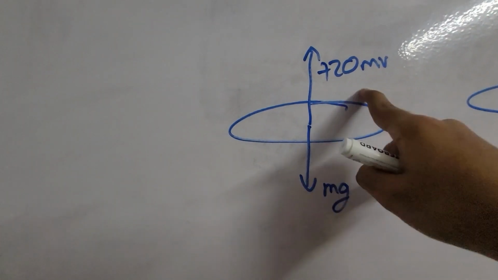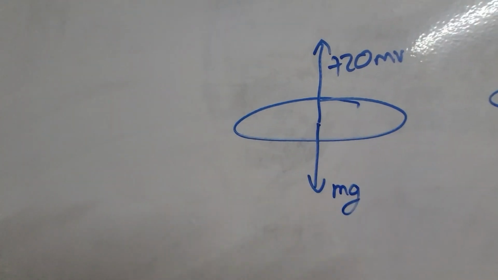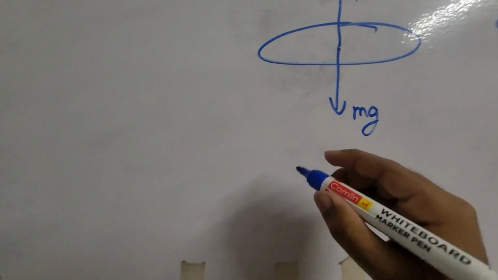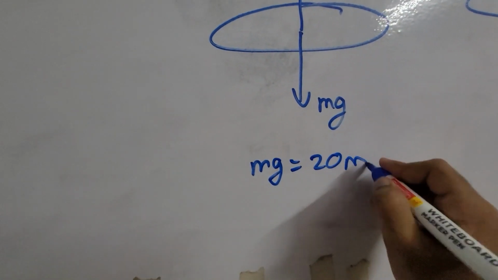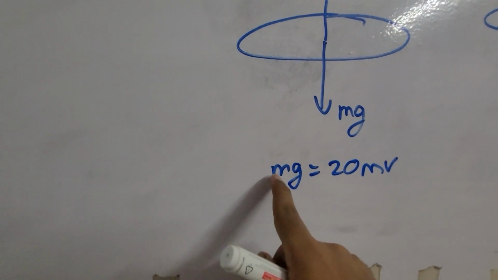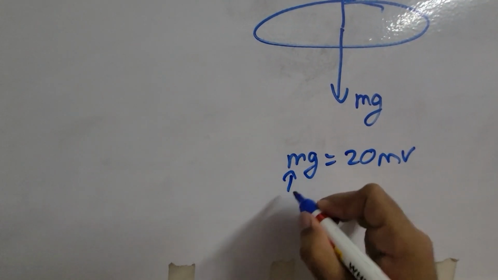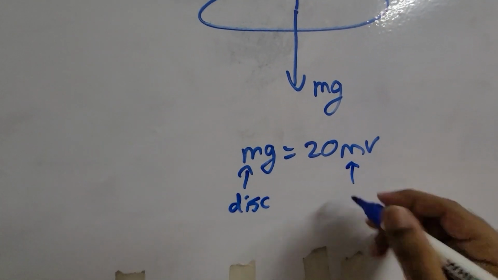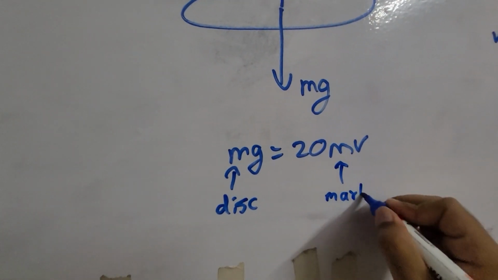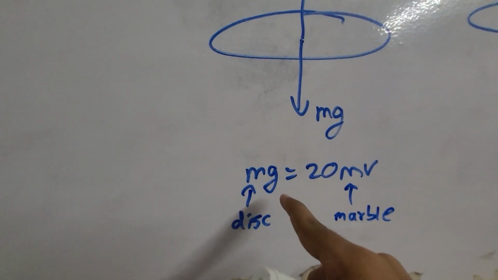And now let's balance these two forces so that we can calculate the velocity of each marble. So mg equals 20 mv, where M over here is the mass of the disc and m over here is the mass of the marble. Let's substitute the values in this equation.